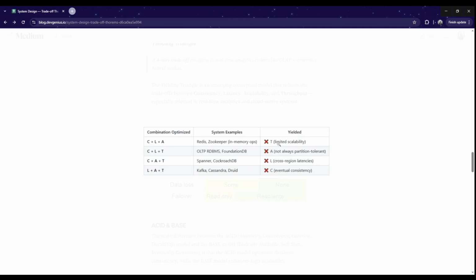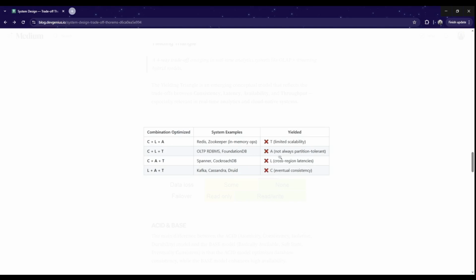So we are saying that we will not be able to serve requests at a very high rate because we want the system to be consistent, but we are giving responses in very low time and the system is highly available.